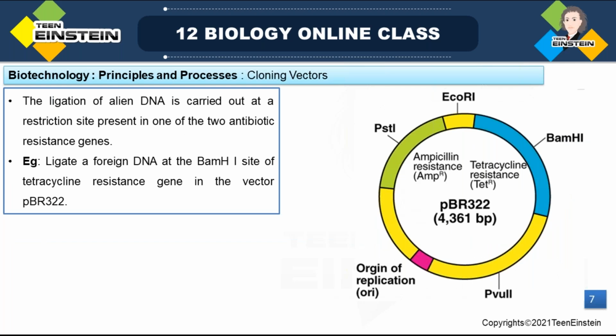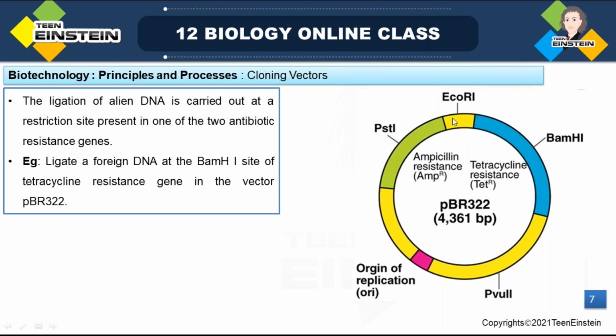Next, the ligation of that foreign DNA will be carried out at a restriction site present in one of the two antibiotic resistance genes. Here the restriction enzyme will come and bind, and it will make a cut at any of these sites.